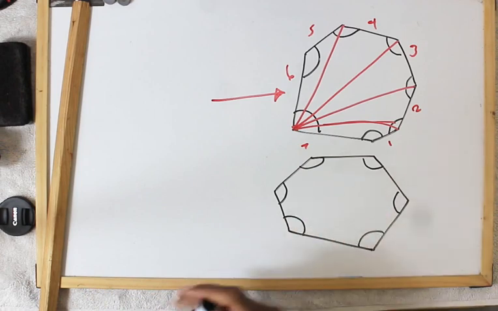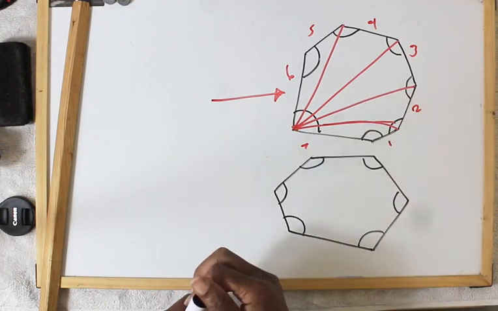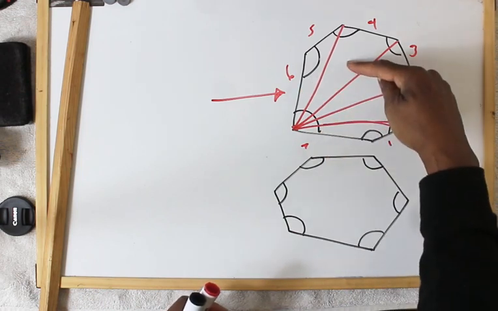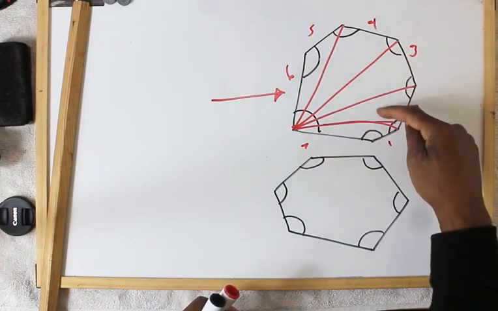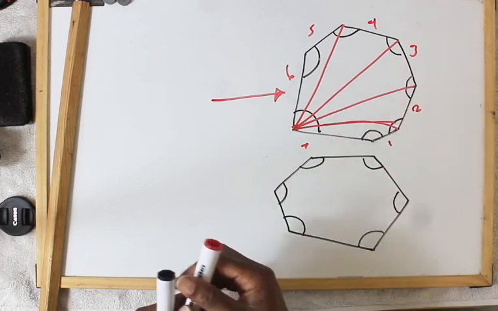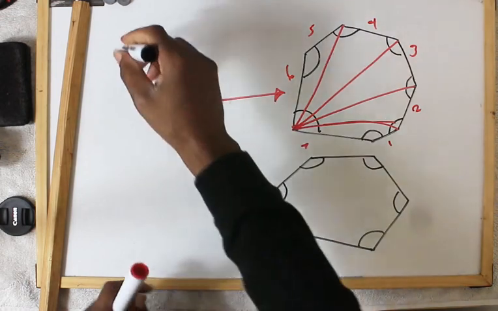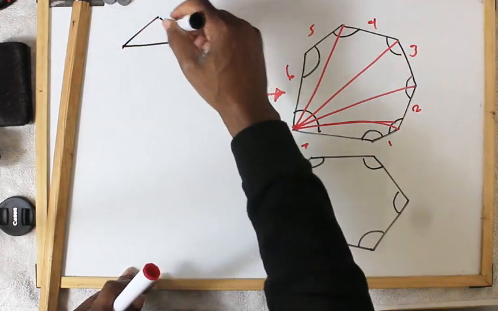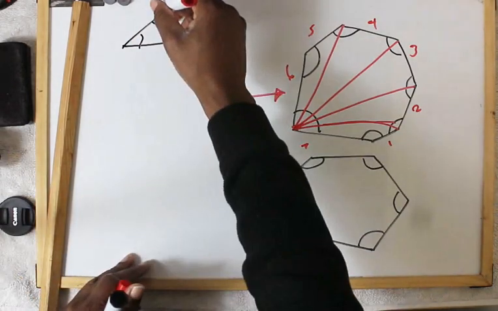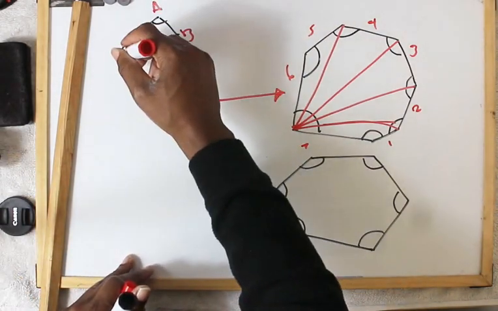Now, if you look carefully, this contains several triangles. It's got 1, 2, 3, 4, 5 triangles. We know that the internal angles of a triangle add up to 180 degrees.